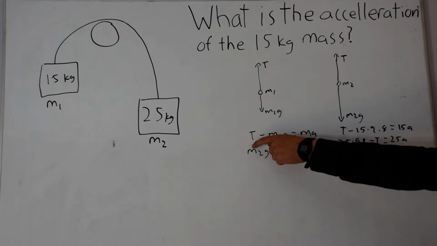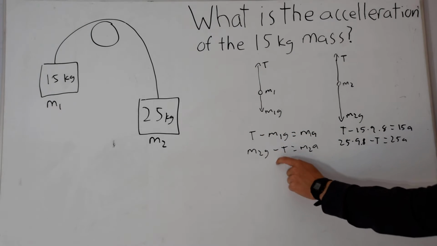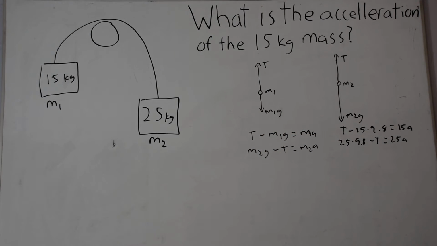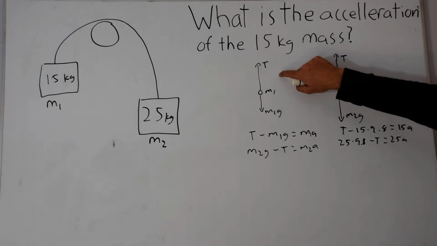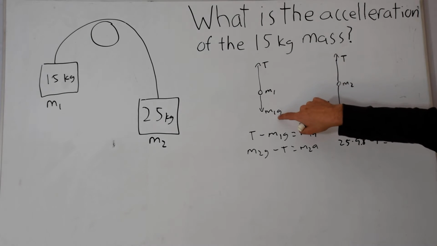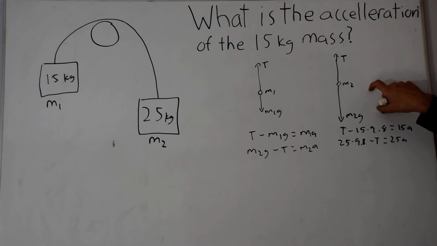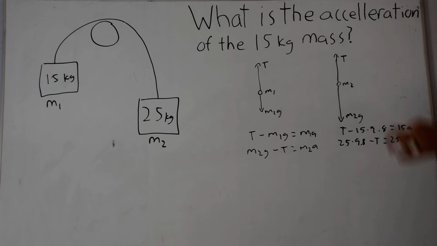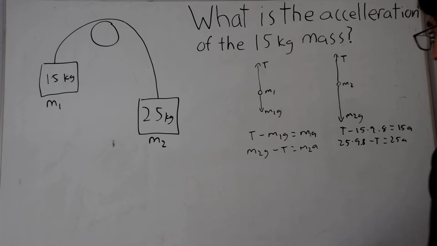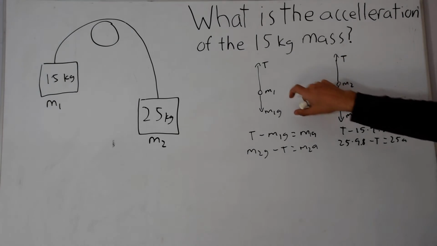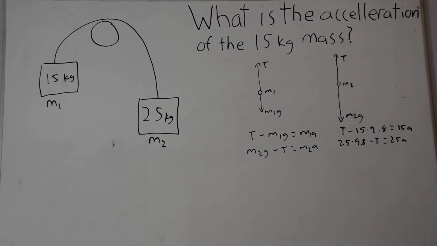And if the tension minus M1G and the M2G minus tension is still confusing you, it's always useful to remember that if you want your acceleration to be positive, you always do the bigger force minus the smaller force. So as you can see here, this bigger force of tension minus the smaller force of M1G, and as you can see here, the bigger force of M2G minus the smaller force of tension. And these accelerations, I made them both positive so that they would be the same variable. But in general, you should always do bigger force minus smaller force. And that's what I did here.